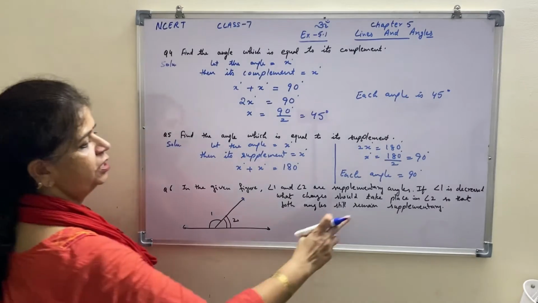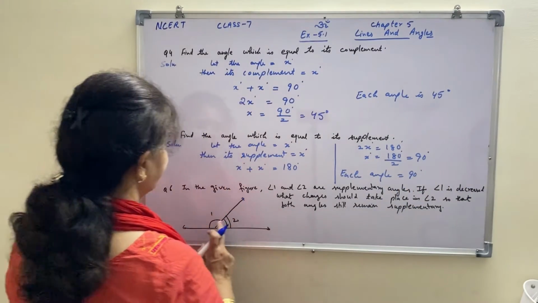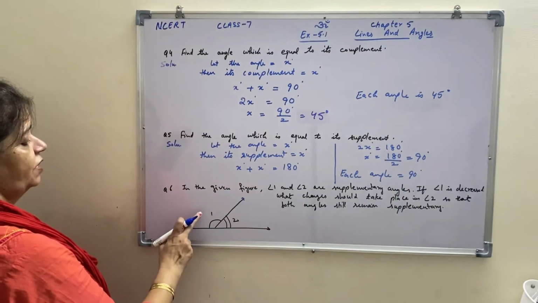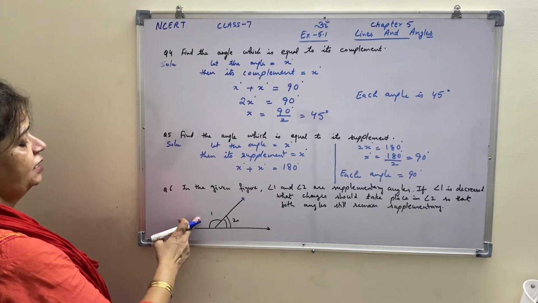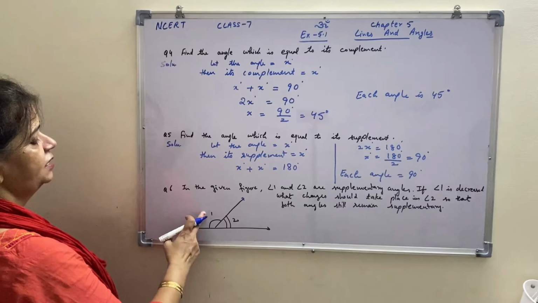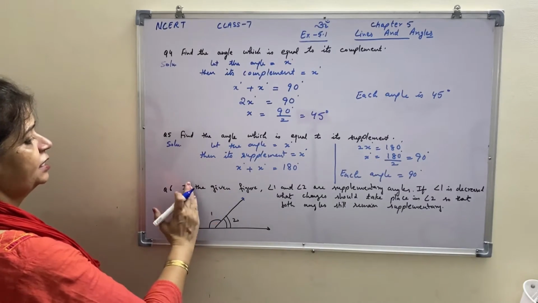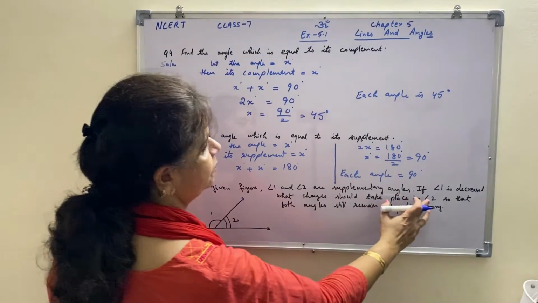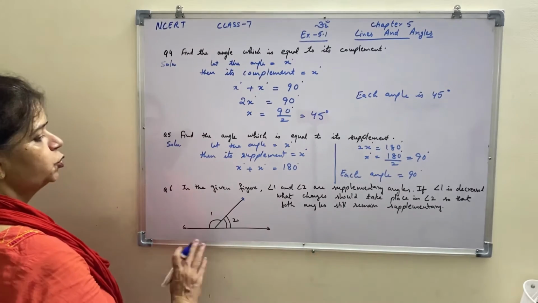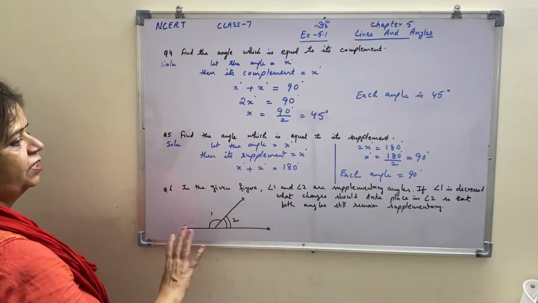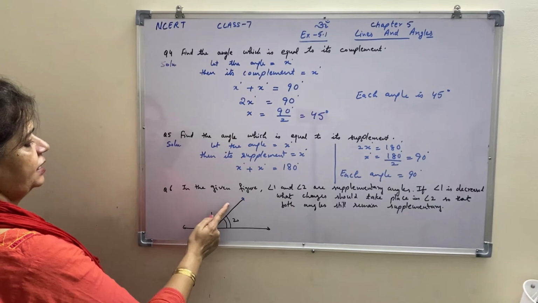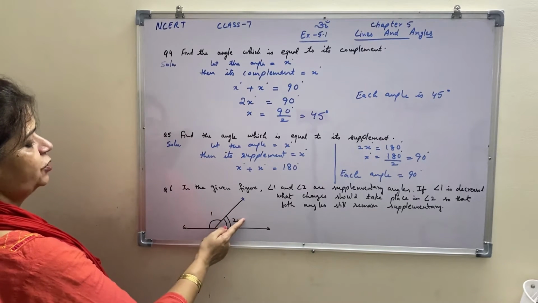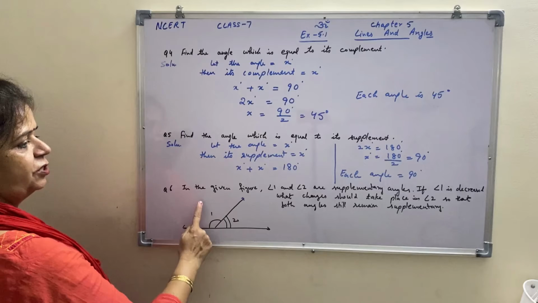Now the question is, if angle 1 is decreased, as you can see it is an obtuse angle, then what change should take place in angle 2 so that both the angles remain supplementary? If angle 1 is decreased, that means angle 2 is increasing in measurement.